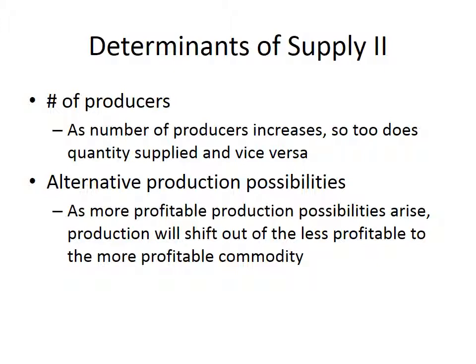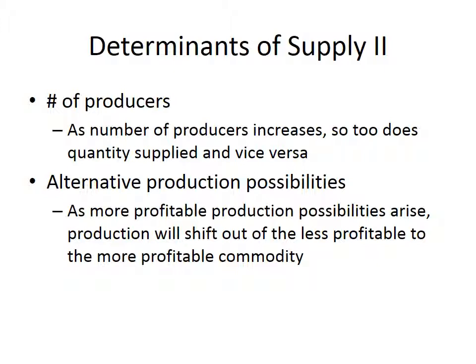Okay? Alternative production possibilities. Now, this is a little bit more difficult to understand, but it's not unthinkable. As more profitable production possibilities arise, production will shift out of the less profitable to the more profitable commodity. Let's go back real quick to our restaurant example with the fish sandwich.